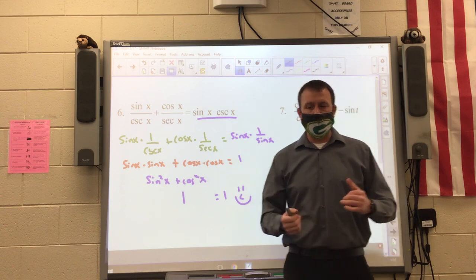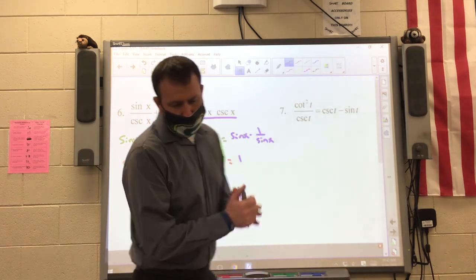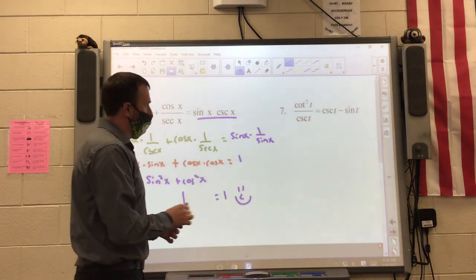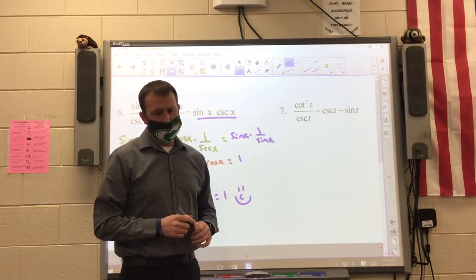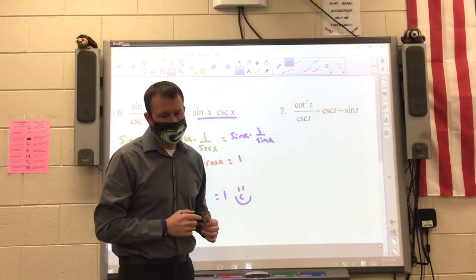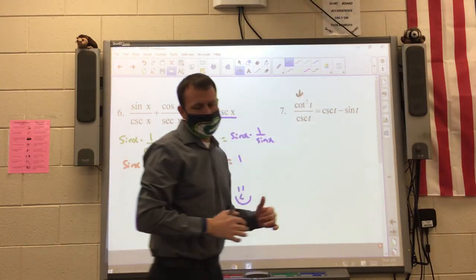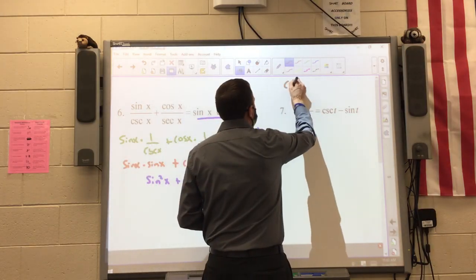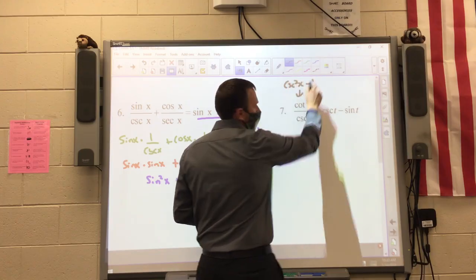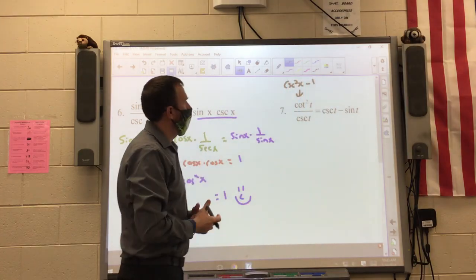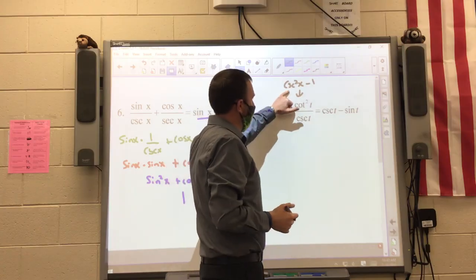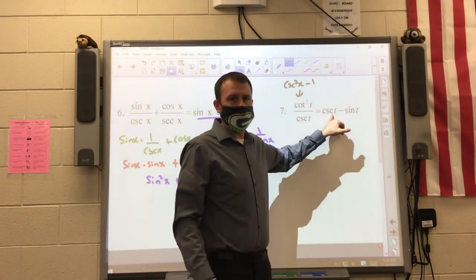Okay? We're going to look at one more together. So I have cotangent squared over cosecant equals cosecant minus sine. Well, this cotangent squared, I'm just going to point out one of the identities. Cotangent squared is the same thing as cosecant squared minus 1. I point that out because I have a cosecant on my other side.